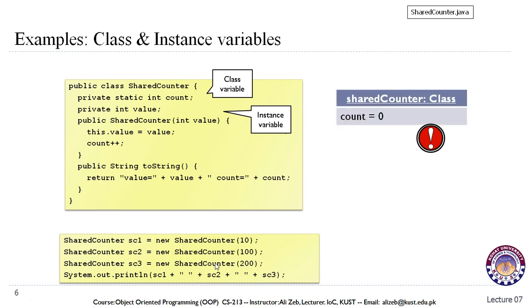As we can see over here, initially the count is 0, and when we create one object for this class, the count is incremented to 1, and we pass 10, and that is assigned to the instance variable value over here.